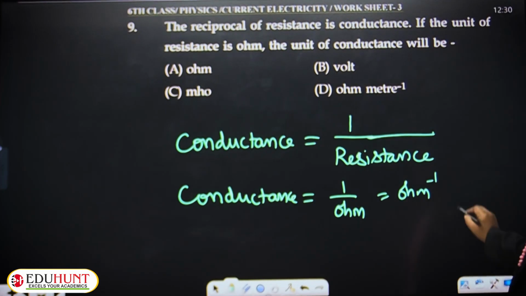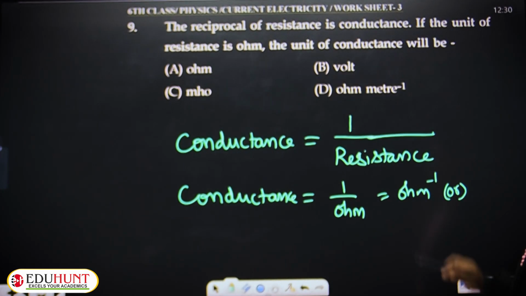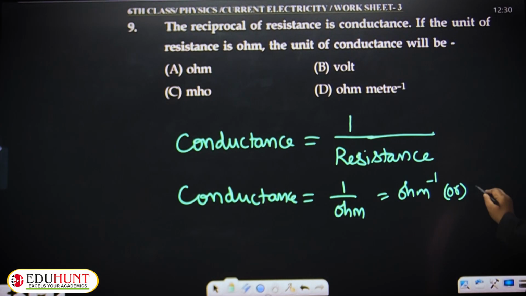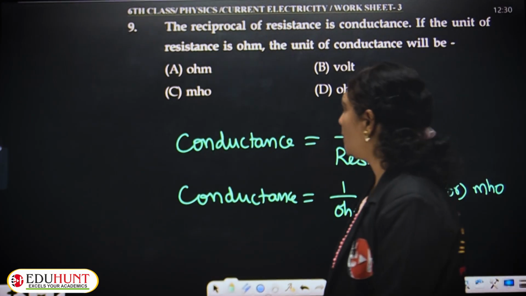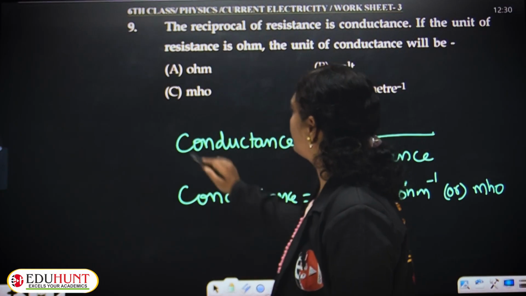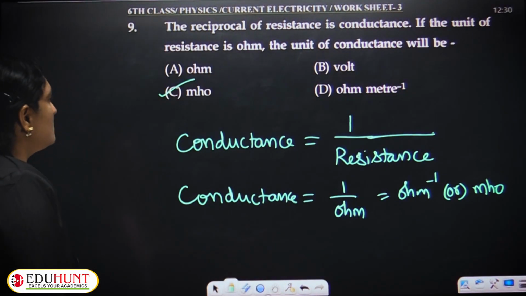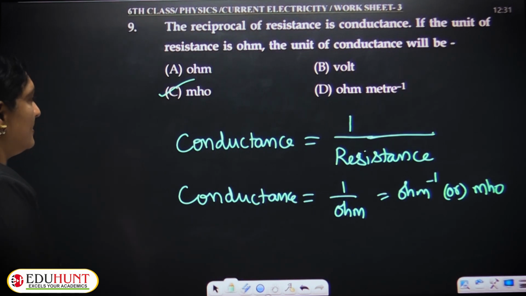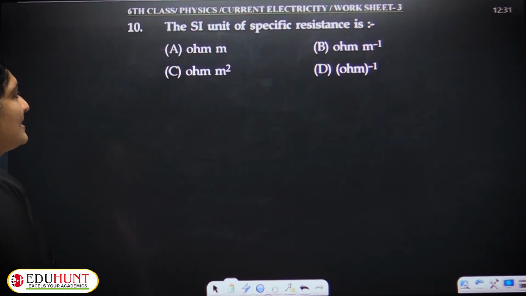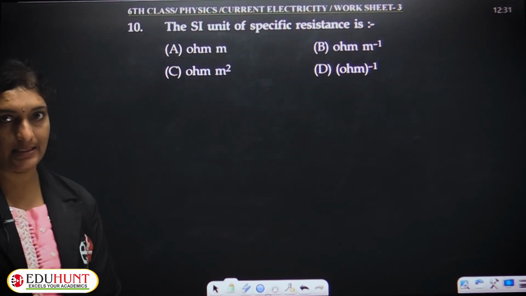While describing the concept, I told you that conductance is either indicated by ohm inverse or can also be written as mho. Hence, the correct option must be option C, that is mho. What is the unit of conductance, children? It is mho. Okay.